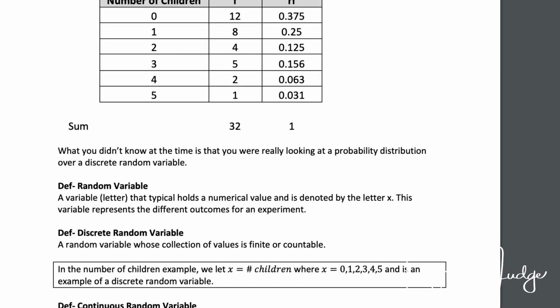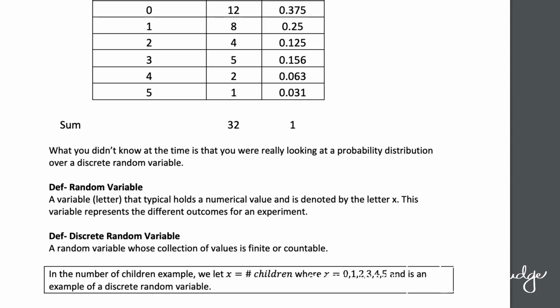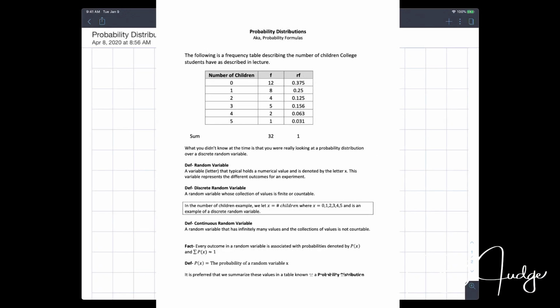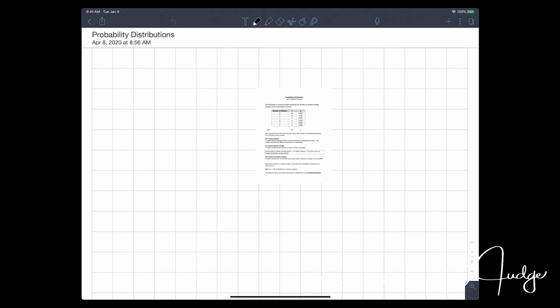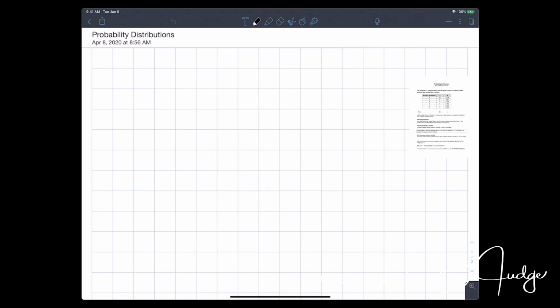Let's read the definition of a random variable. That's a variable. It's a letter that typically holds a numerical value and is denoted by the letter X. This variable represents the different outcomes for an experiment. So we're going to have 2 things to consider. X, which is, and let's write this down, is a random variable.